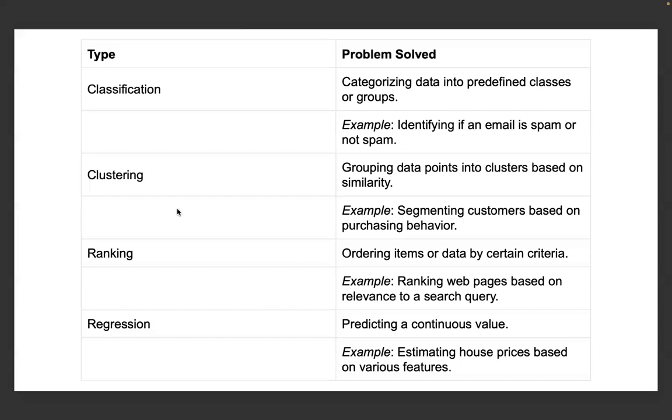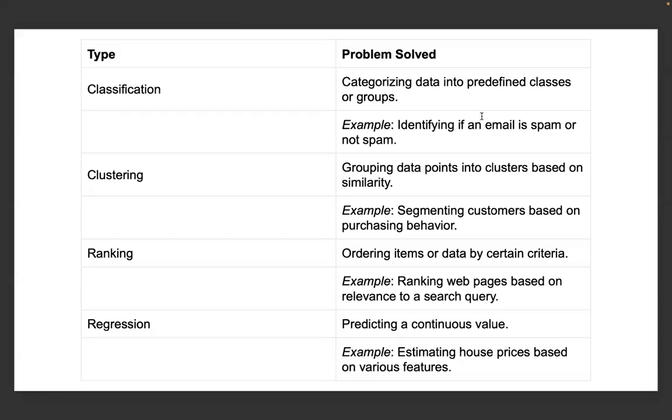For the 12th exercise, let's revise what the types of machine learning are. The first type is classification. It is useful for categorizing data into predefined classes or groups. For example, defining if an email is spam or not spam. So there are only two options. Clustering is grouping data points into clusters based on similarity.